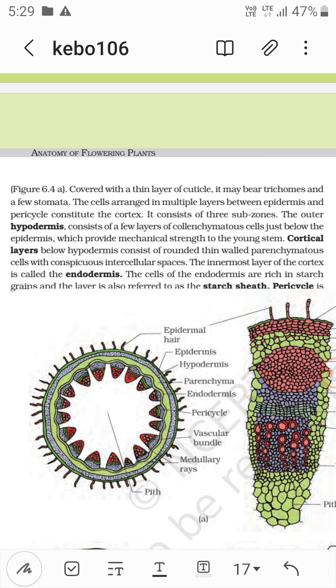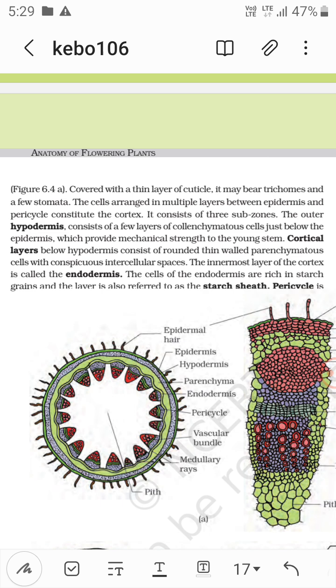So first is the hypodermis, then the cortical layer, and below it, the innermost layer of the cortex, that is the endodermis. Then the third layer is the endodermis.